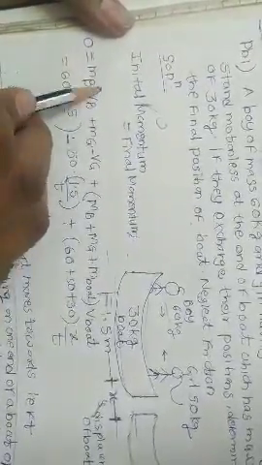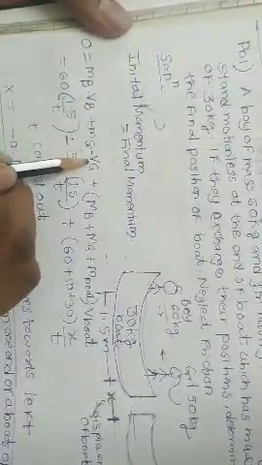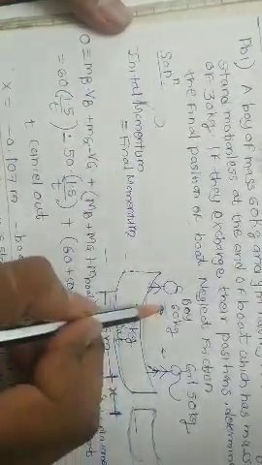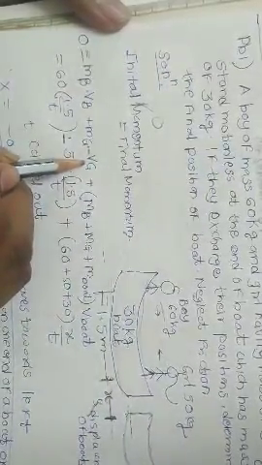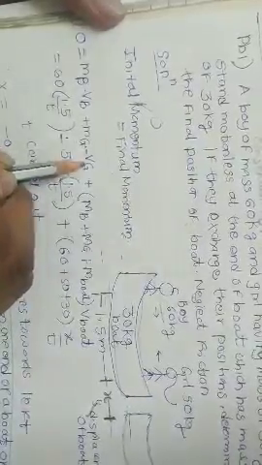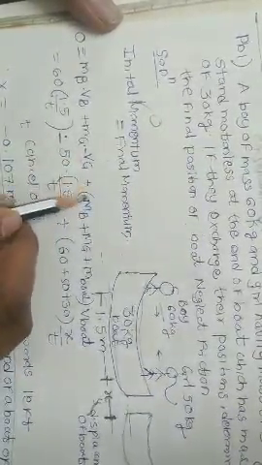So we write 0 equals mass of boy into velocity of boy plus mass of girl into velocity of girl. The boy is moving towards the right, so his velocity or distance traveled is taken as positive, while the girl is traveling towards the left, so her velocity or distance traveled is treated as negative. Plus the mass of boy plus mass of girl plus mass of boat into velocity of boat.